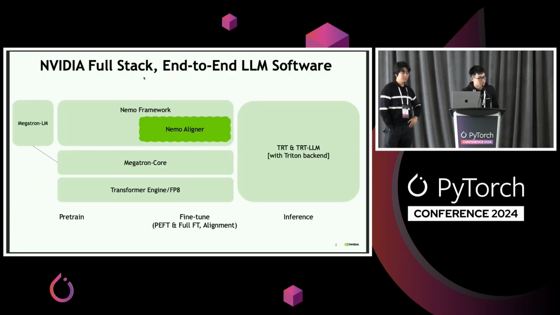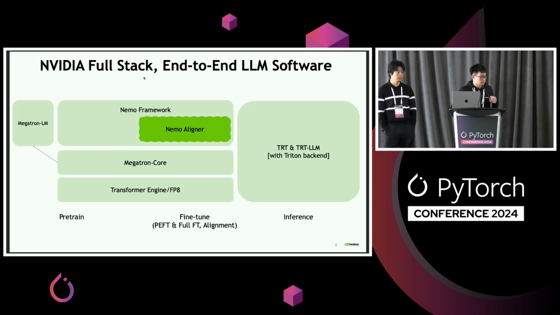So to start, I first want to talk about NVIDIA's end-to-end LLM software ecosystem that we built. Everything here is open source, and NeMo-Aligner falls inside the NeMo framework more broadly. NeMo framework is a core component of our LLM training stack, focusing on very high performance pre-training.